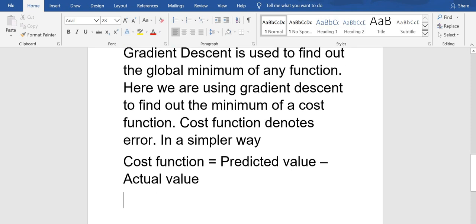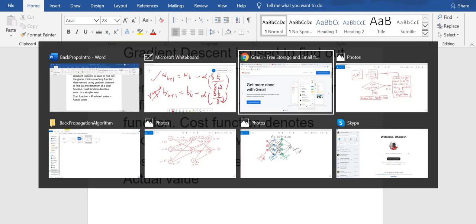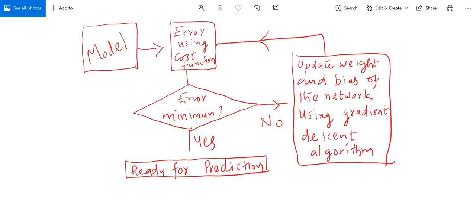Now I will give you one block diagram for this gradient descent algorithm. That sentence I told you is very important. The same sentence is represented in this block diagram.